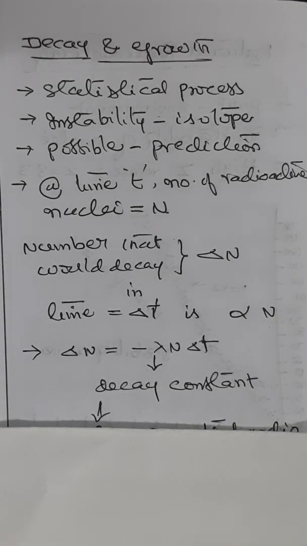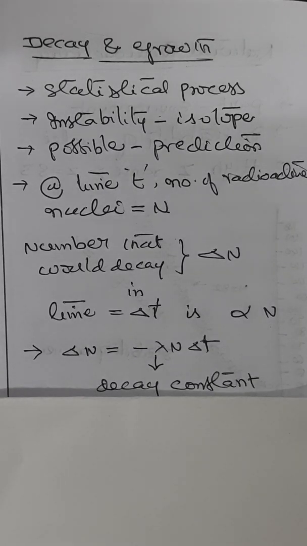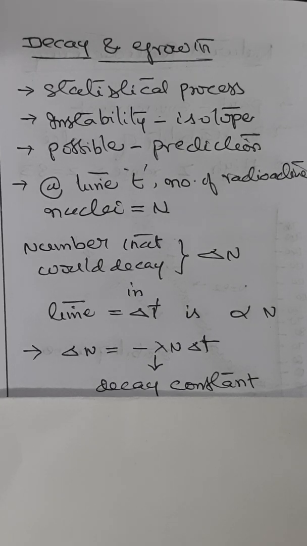Now let us understand this process of disintegration or decay of radioactive nuclei in terms of decay and growth. Now what is this radioactive decay? Radioactive decay or disintegration is nothing but a statistical process. This statistical process, known as radioactive decay, depends on the instability of a particular radioisotope. But the exact nucleus that decays in any given sample is completely unpredictable.